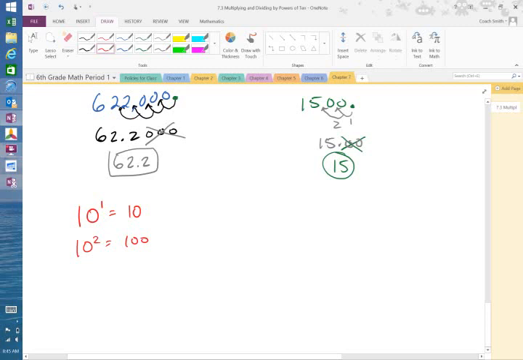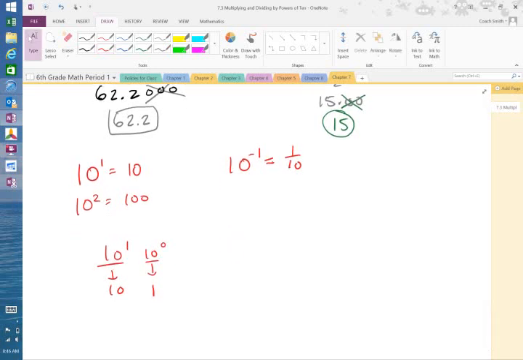I got 2 things I need to talk about. So, what is 10 to the negative first power? No, that's what people always do. They try to make it negative. No, it has to be something involving the number 10. 10 to the negative first power is 1 over 10, because we said let's put them in order. 10 to the first is 10. 10 to the 0 is 1.